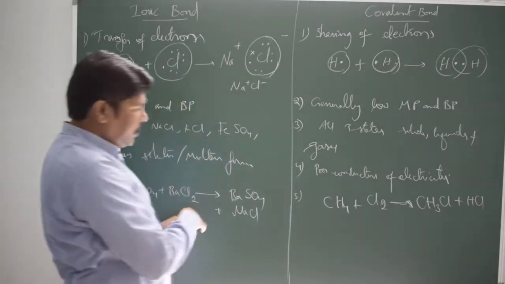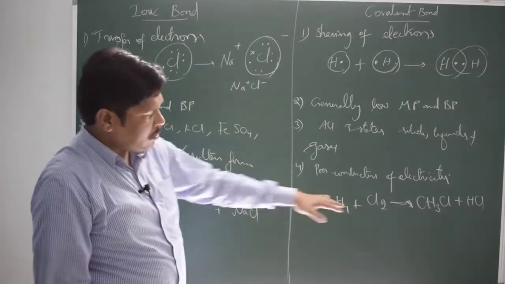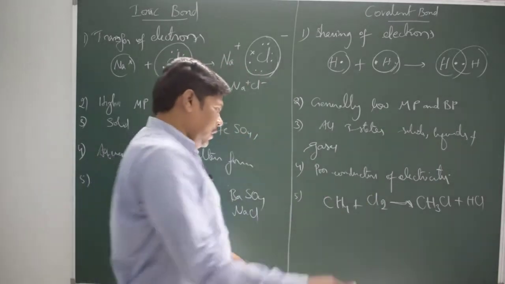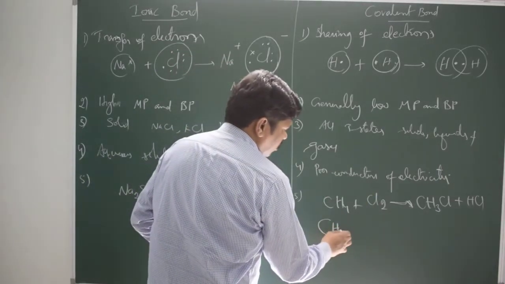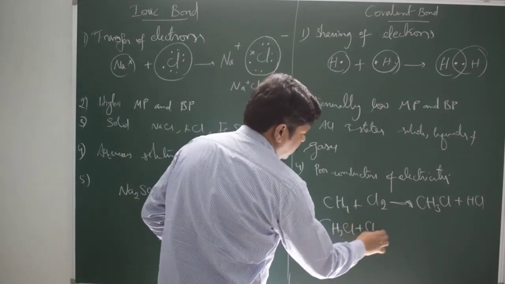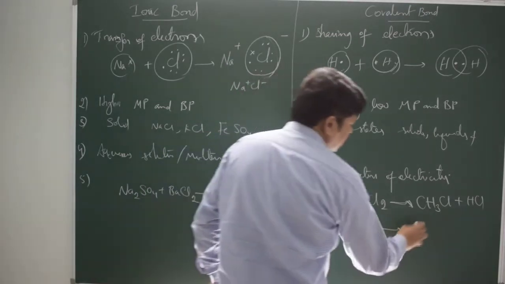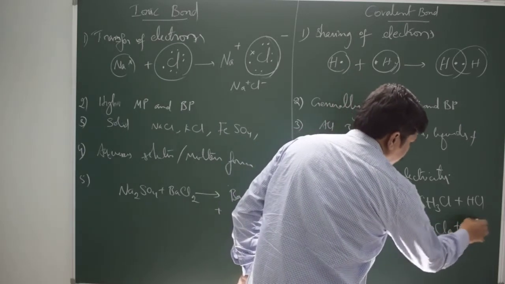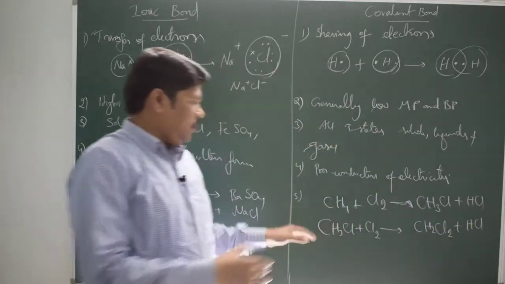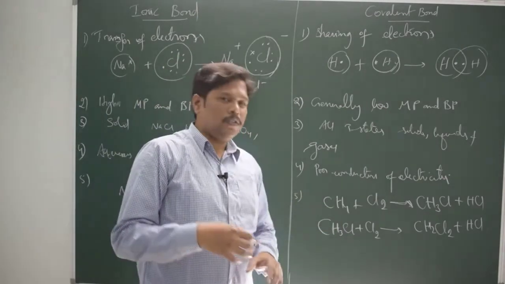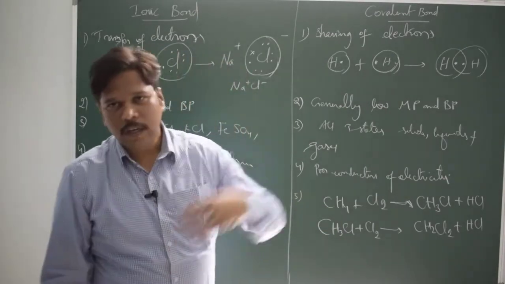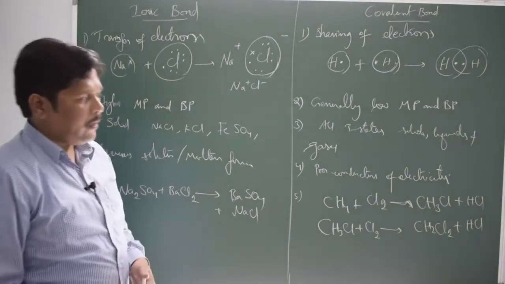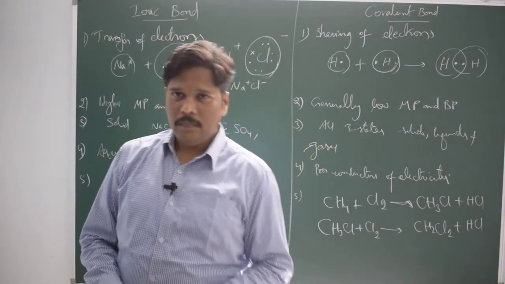As compared to the ionic instantaneous reaction, this is slow. But if you allow it some more time, this chloromethane will again react with chlorine to form dichloromethane. So reactions which do not occur to completion in one step are possible with the covalent type of bonding. Okay, and thank you very much.